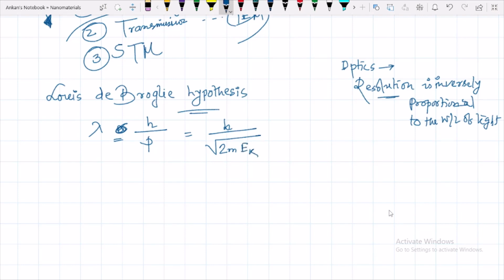In the case of an electron acting at a potential difference of Vp, the maximum kinetic energy Ek max will be equal to eVp.